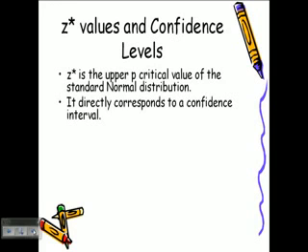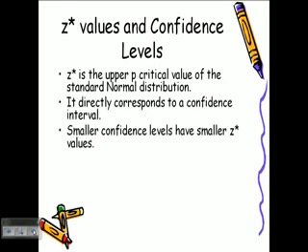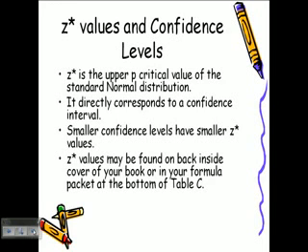If I extend my confidence level to 99%, then my interval will be larger than what I had with a 95% confidence level. That corresponds to a larger z-star value. So smaller confidence levels have smaller z-star values, and the opposite is also true. Larger confidence levels have larger z-star values.